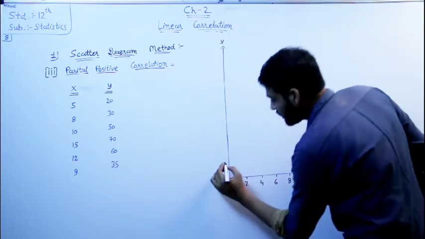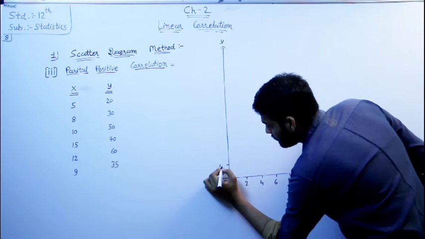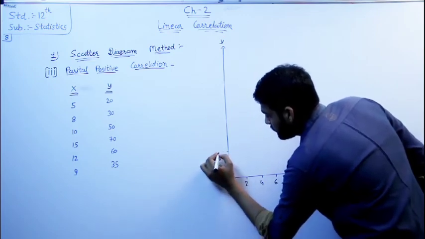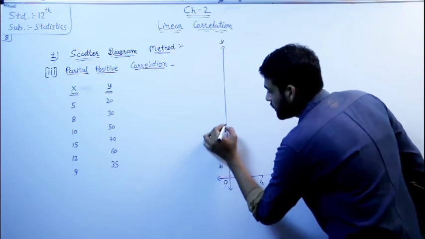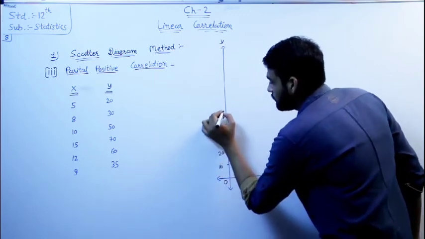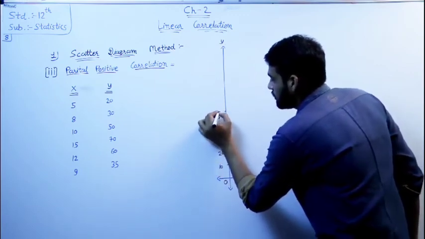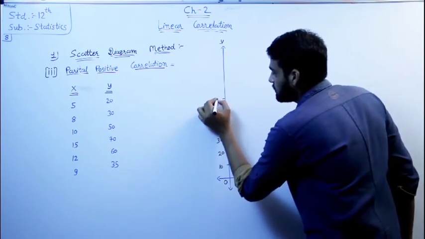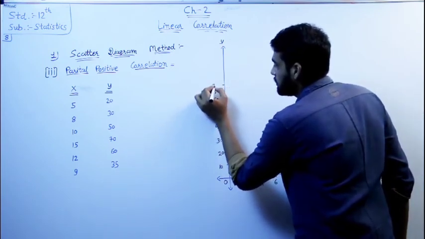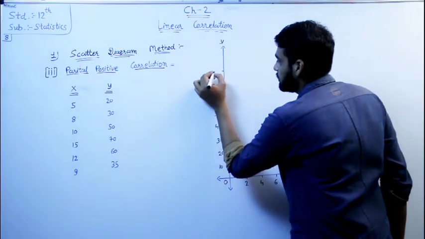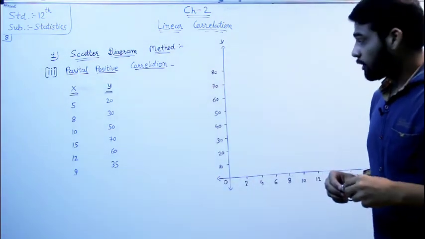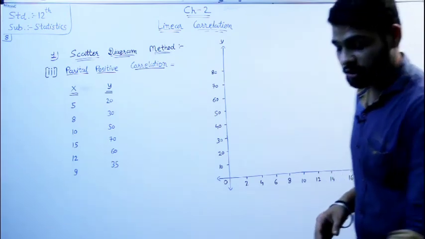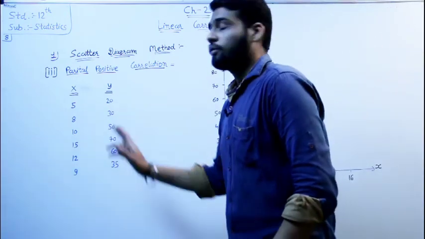So here we take values 10, 20, 30, 40, 50, 60, 70, 80.